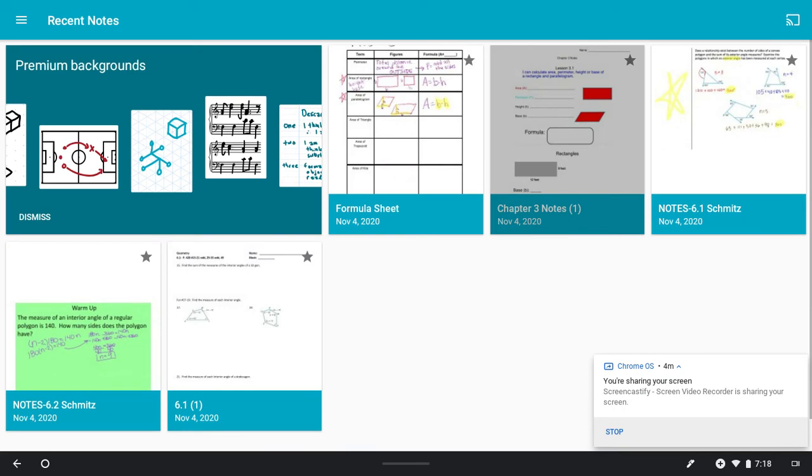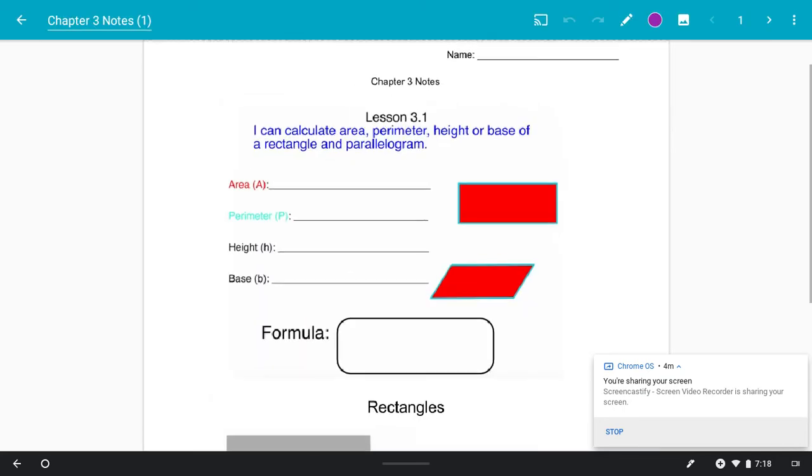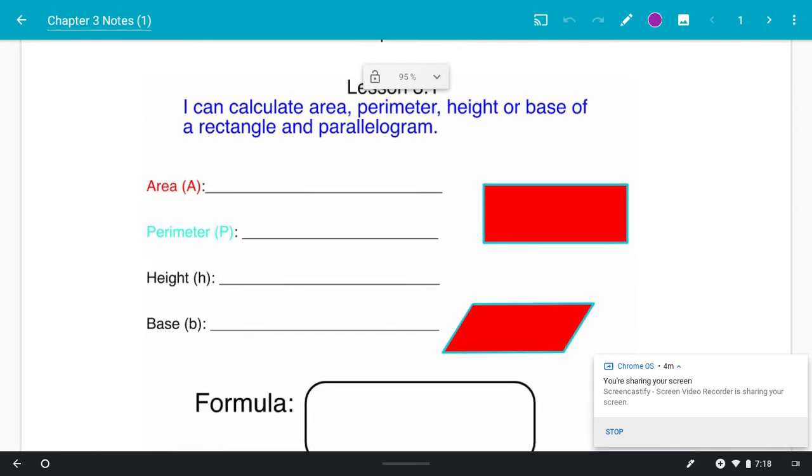Okay, so either write this down or take a picture. And then we're going to go through some examples. We talked about these words a little bit already, but area is the inside. So it's how much fits inside. It would be like this red space. That's why the word is red. And then perimeter is the outside.